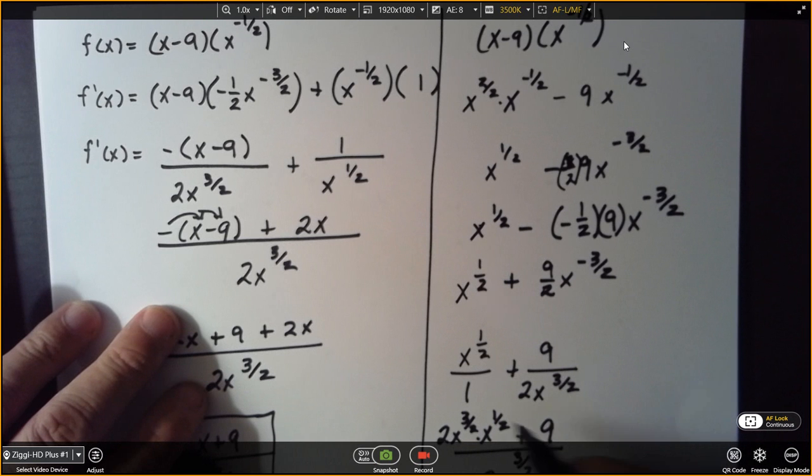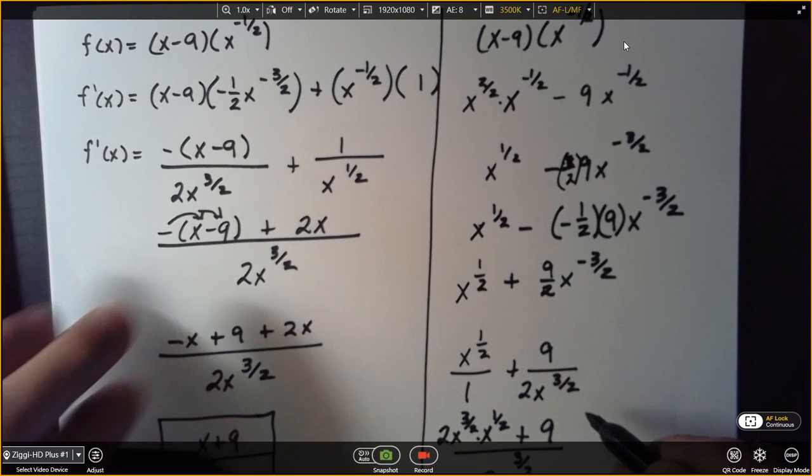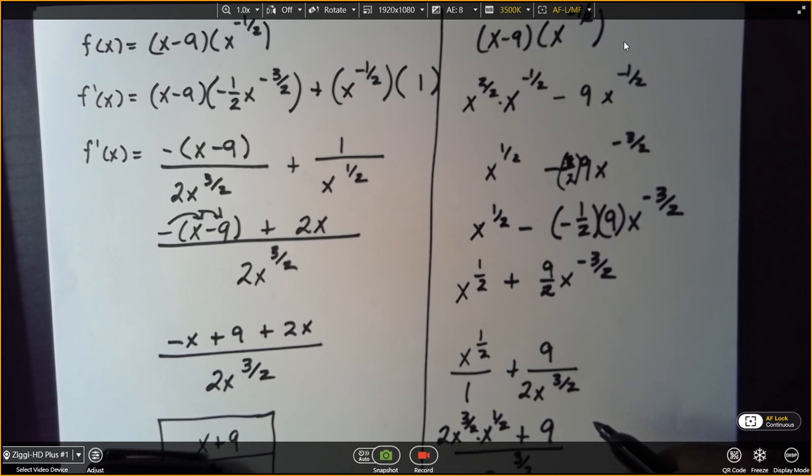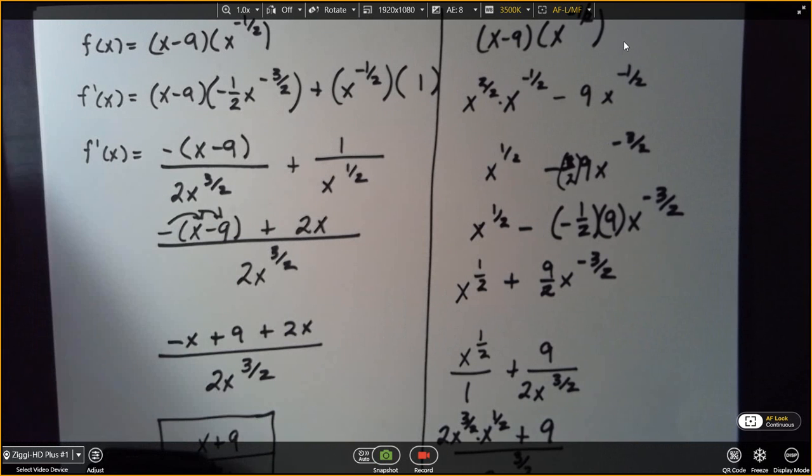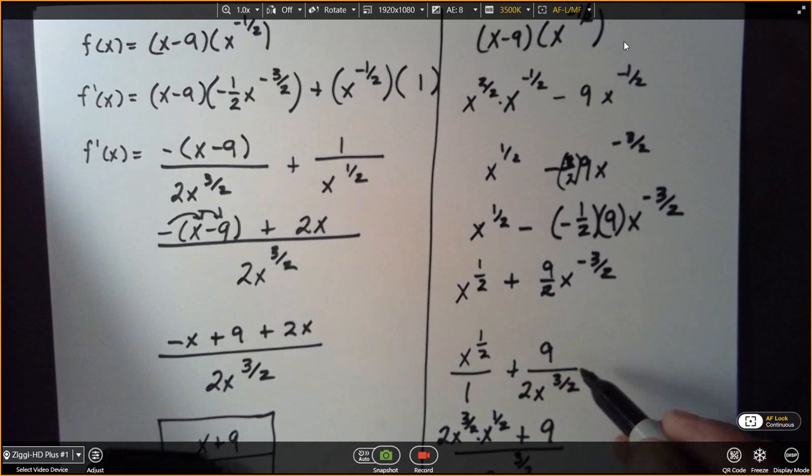And I made a mistake with a sign somewhere because this is supposed to come out to be 2x. No, not supposed to be 2x squared, that's for sure. So I've made a mistake somewhere. Let me look over it. Bring the 2, bring that down.